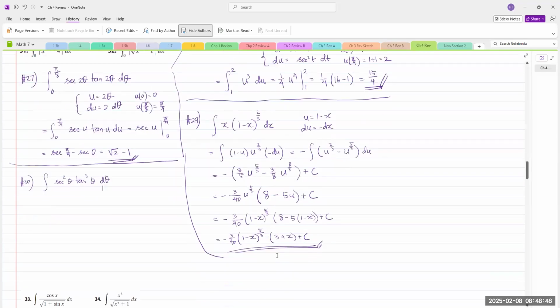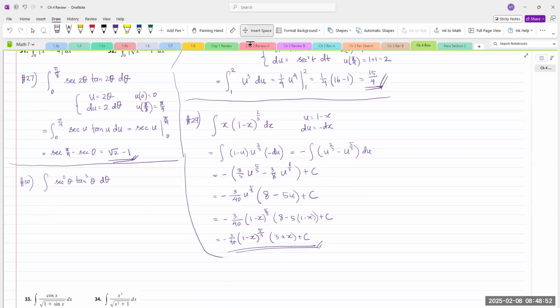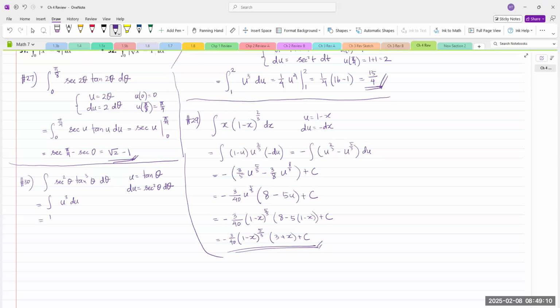The derivative of tangent is secant squared, which we already have there, right? So our u should be tangent theta, such that our du is secant squared theta d theta. So this is integral of u cubed du, which is 1/4 u to the 4th plus constant.